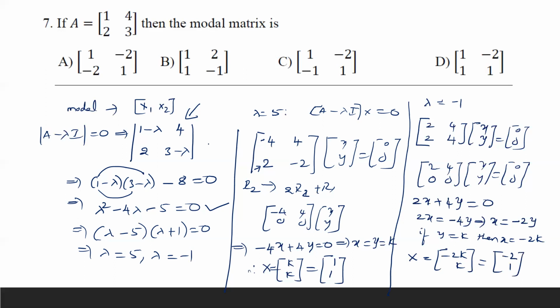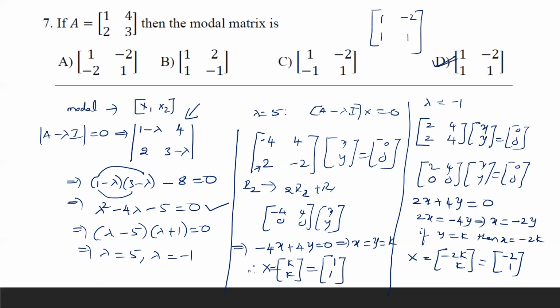Now see, as I told you, the modal matrix of this matrix is the matrix with columns as these eigenvectors. That's how you see the matrix which you will get here is this. First vector is first column, 1, 1. Then second vector is your second column, minus 2, 1. See where it is. So this fourth option is the correct one here.